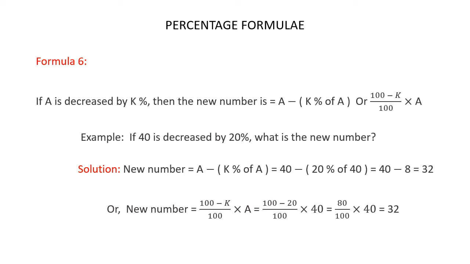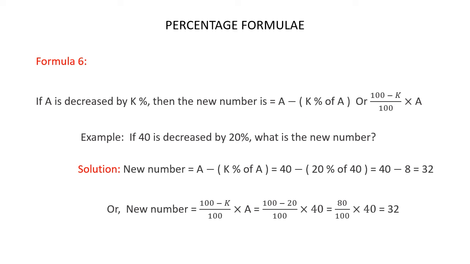Formula 6. Formula 6 is also very useful while solving many percentage problems. Formula 6 helps us to find the decreased value and therefore the new number. If A is decreased by k%, then the new number can be found out either by using this formula or this formula.